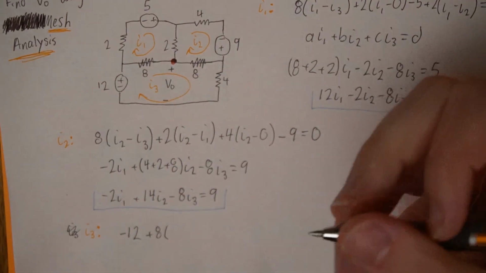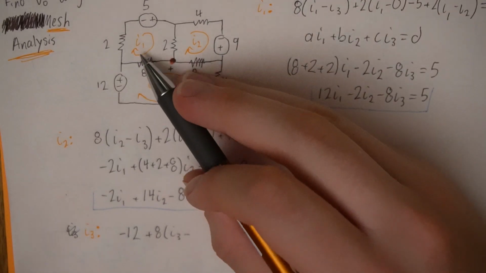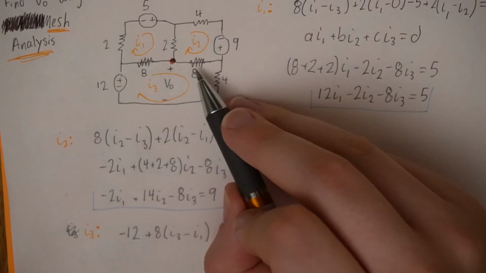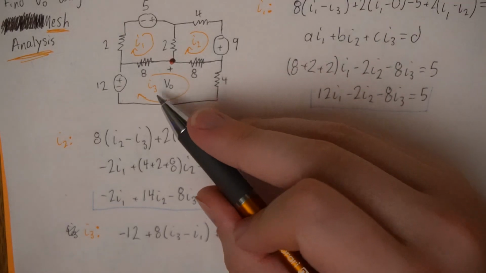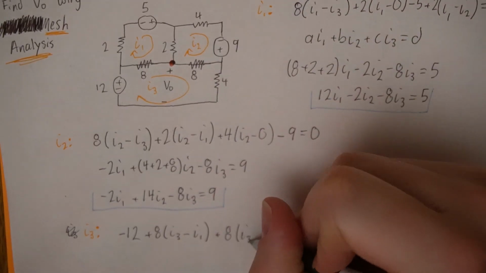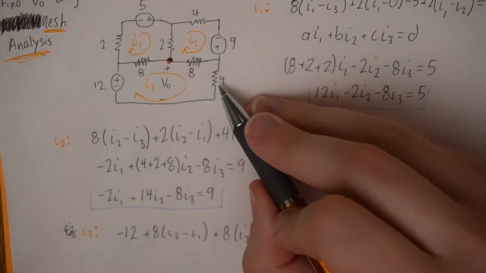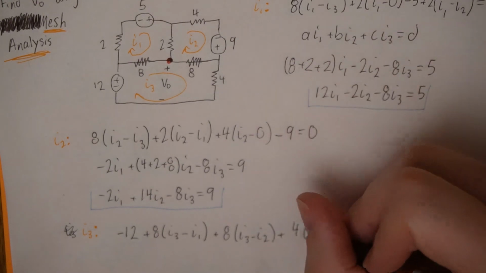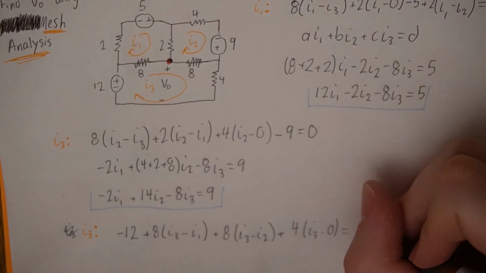I'm looking at loop I3, so it's I3. What is this resistor shared with? I1. Coming across, I have another 8 ohm resistor, so I'll put 8, I3 minus I2. And lastly, continuing around the loop, I come around this 4 ohm resistor. This will be I3 minus 0. And this will equal 0.